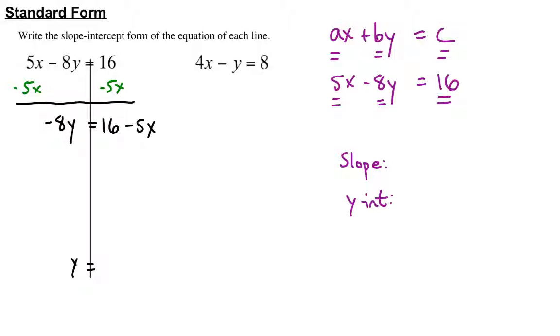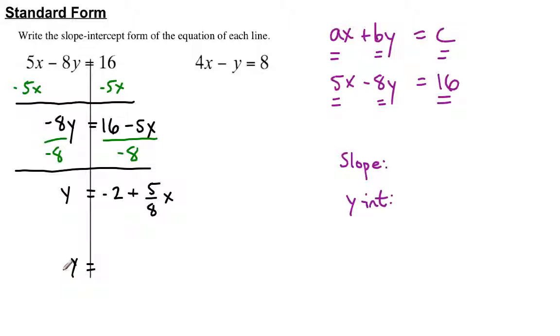Now we want to divide by negative 8 on both sides. What we get here is that y is equal to 16 divided by negative 8, or negative 2, and then negative 5 divided by 8 is plus 5/8 x.